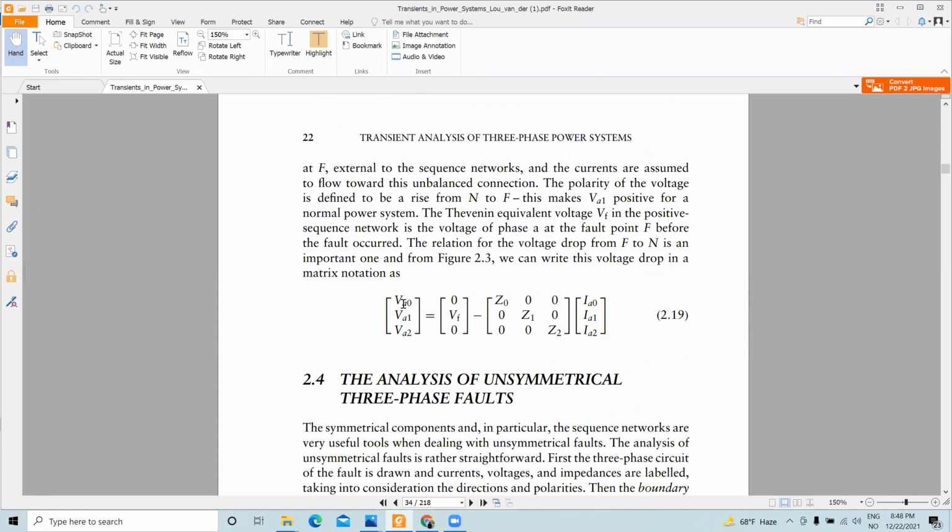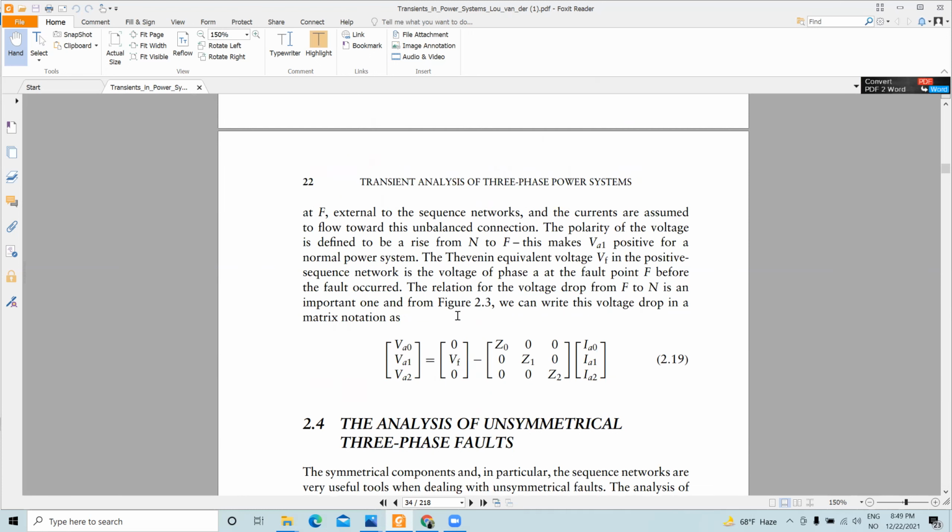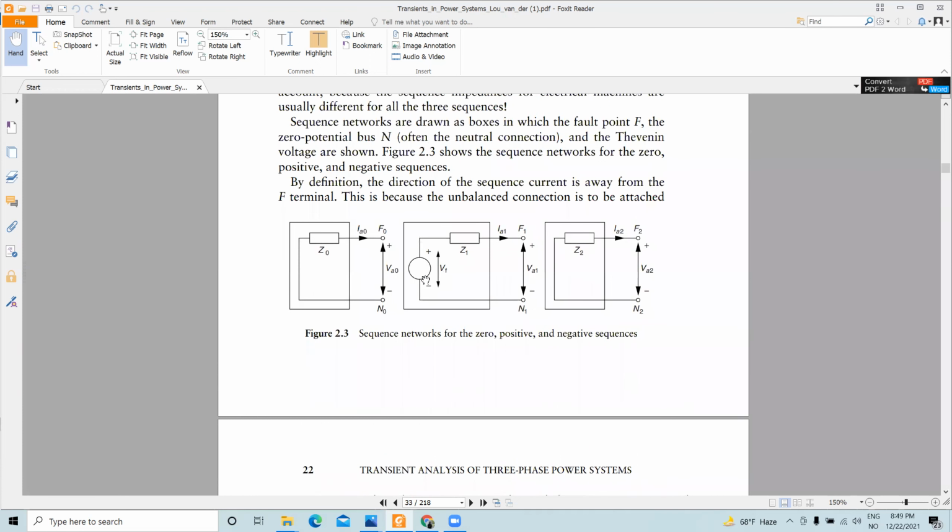You can represent this VA0, VA1, and VA2 by this matrix, where the one is for the positive sequence part. For the positive sequence part, you have only VF, the Thevenin voltage from the fault location.